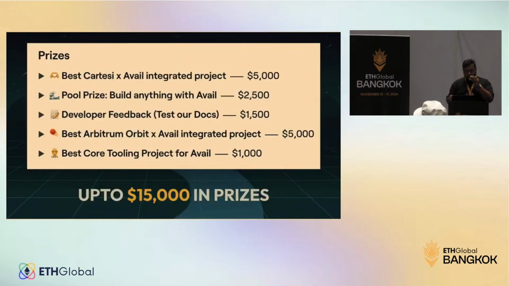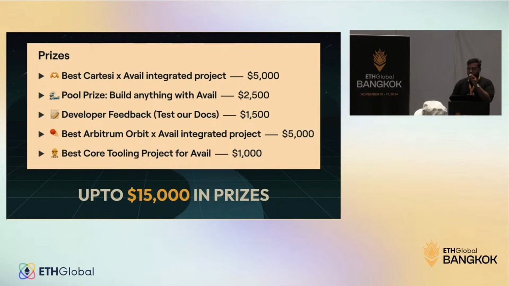And then we also have some other prizes as well, such as a pool prize. If you're not building a rollup, or anything with Cartesi or Arbitrum Orbit, but you're using Avail in any other way, like submitting data to Avail and retrieving data or doing something with that, you can be eligible for some pool prizes. If you don't want to build, or couldn't build as much, but you want to test out our docs, we have a developer feedback prize.